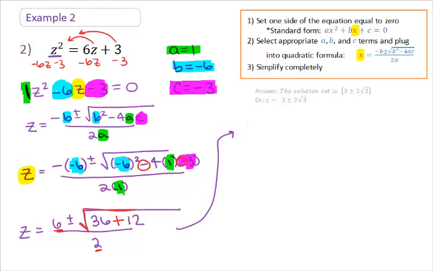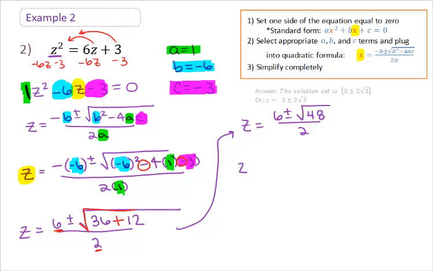Moving on, I have z is equal to 6 plus or minus the square root of 36 plus 12 gives me 48. And that's all over 2. Now I can simplify square root of 48. It does not come out completely evenly, but I can simplify it using my good pi, bad pi method.